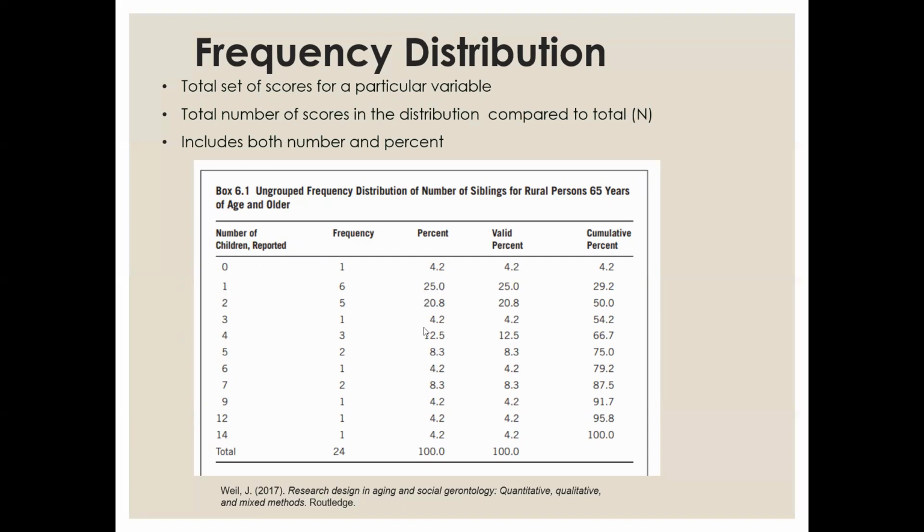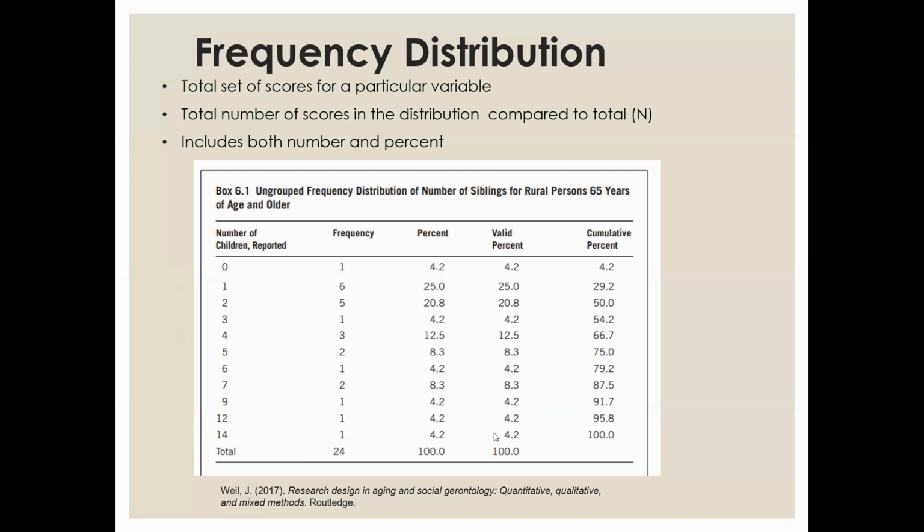And then there are some over here that have 4, which many people say is surprising, because of the idea that in rural areas people have larger families, but that may not be the case. So we're looking at the number of siblings, I'm sorry. Then it's the frequency, how many people have 1 sibling, 2 siblings, 3 siblings, 4 siblings. And then what percent is that out of the total?